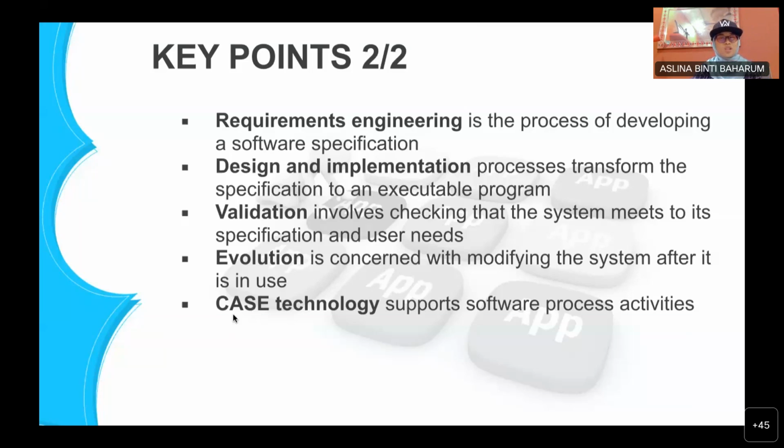All right, that's all for today's software process. Like I said, in developing software or a system, it must go through a process. That's why we have chapter 2, software process.